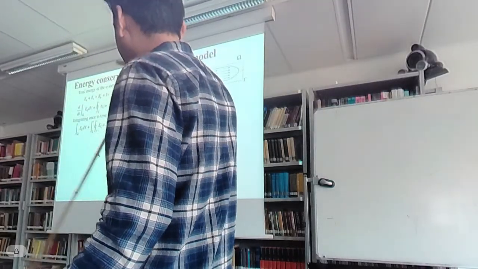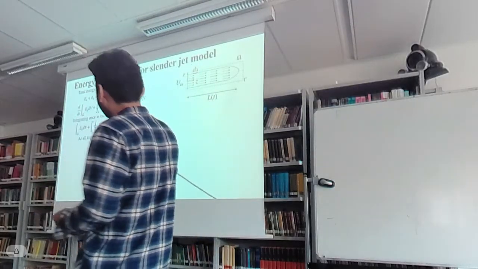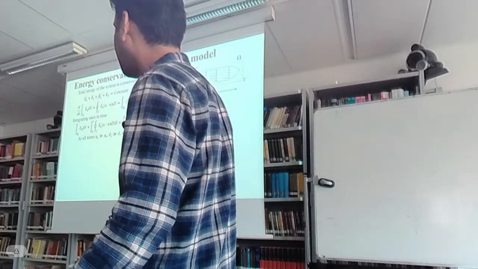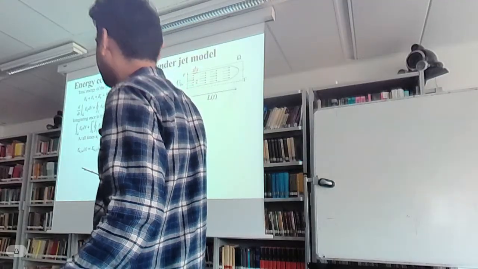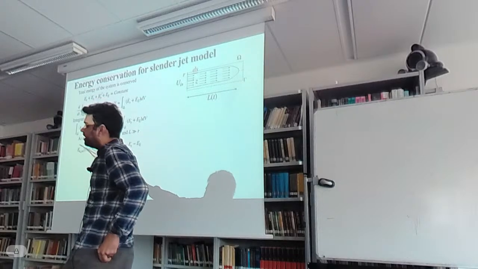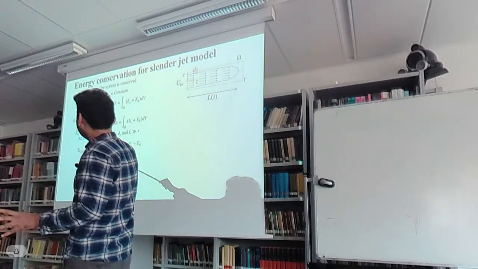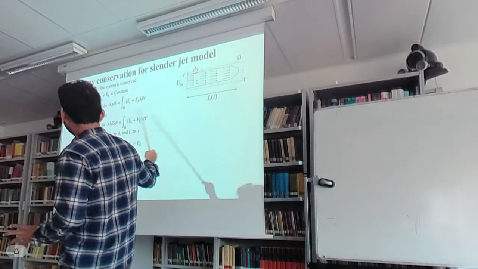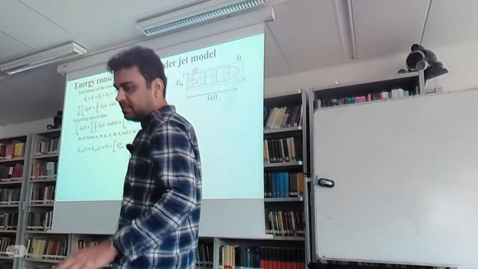I further assume that we have a cylinder jet, so that the axial variation is much larger than the radial ones, and then I can get an evolution equation for energy, which tells me that the kinetic energy of the jet at time t is nothing but the initial kinetic energy at t equals 0, plus some influx of energy from the left boundary, minus the surface energy and the elastic energy.